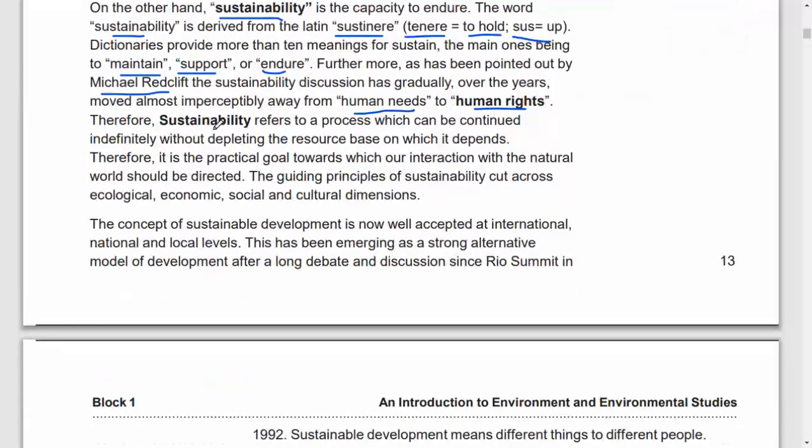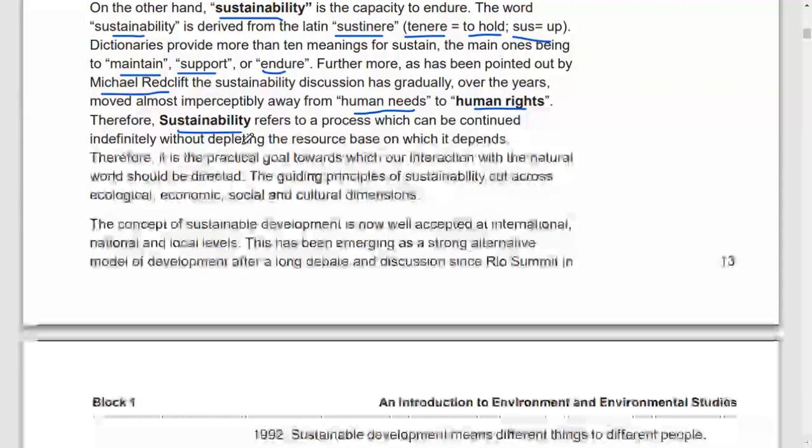Therefore, sustainability refers to a process which can be continued indefinitely without depleting the resource base on which it depends. It is the practical goal towards which our interaction with the natural world should be directed. The guiding principle of sustainability cuts across ecological, economic, social, and cultural dimensions.